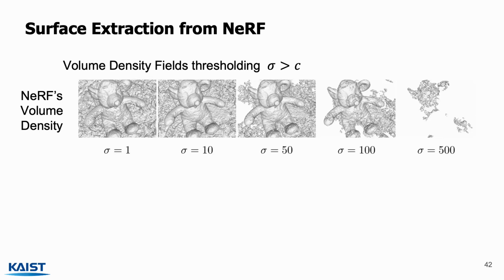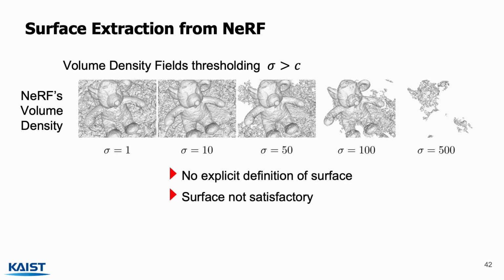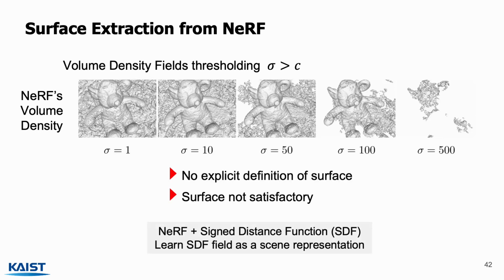So it is quite ambiguous to find the proper thresholding value in the original NeRF's representation. This is because there is no explicit definition of surface, because the density itself does not show any guarantee that the surface should be a specific number, and this makes the extracted surface not that satisfactory. So to solve this issue, researchers combine NeRF with the signed distance function, or SDF, which makes the MLP learn an SDF field as a scene representation.